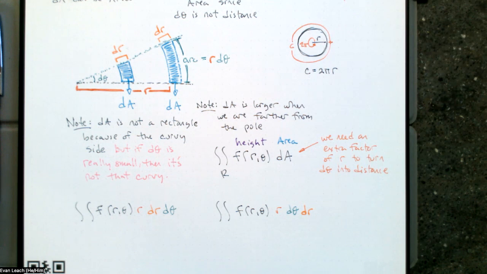Now, in the construction, that r is part of the dA. When we go to integrate it, it's part of the function that we're integrating.